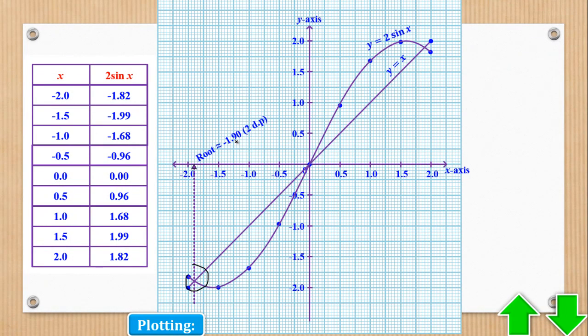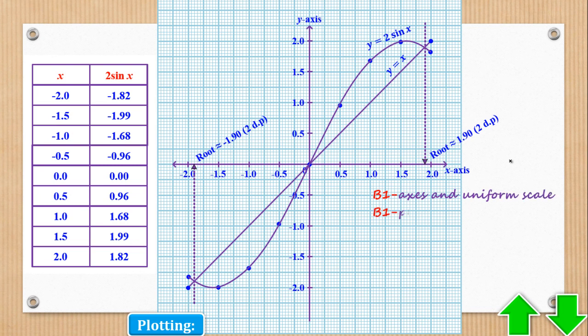So it is actually negative 1.9, but because they say 2 decimal places, we have to put negative 1.90. Then also here, positive 1.90. And that's what they wanted.